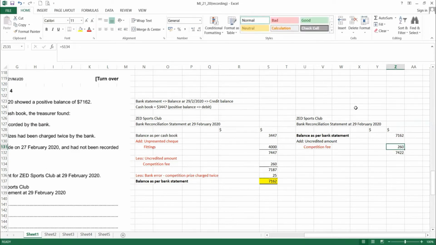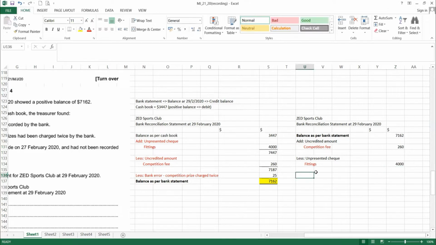Okay. If you don't want to plus minus so many, you can just leave it like this. After that, one shot minus and plus, less unpresented check. So unpresented check, we have 15, which is this amount is 4,000.